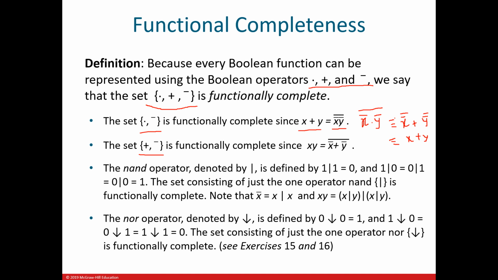So there is another operator, NAND, or negative AND operator, and it is denoted as a straight line. What it does is exactly the opposite of the AND operator. We know that the AND operator gives 1 when both are 1. So when both variables are 1, we get 1.